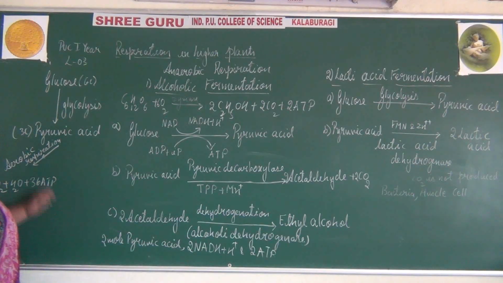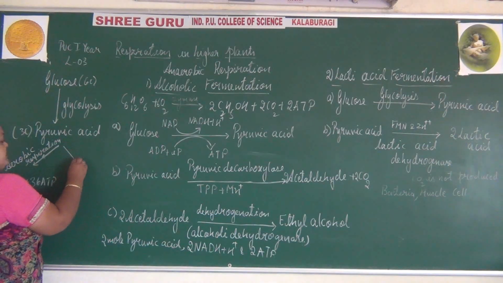So the pyruvic acid in aerobes, where they require oxygen for the oxidation of the respiratory substrates, if the process occurs in the presence of oxygen, then it enters aerobic respiration with the formation of carbon dioxide, water, and release of 36 ATP molecules, that is nothing but 686 kilocalories of energy.